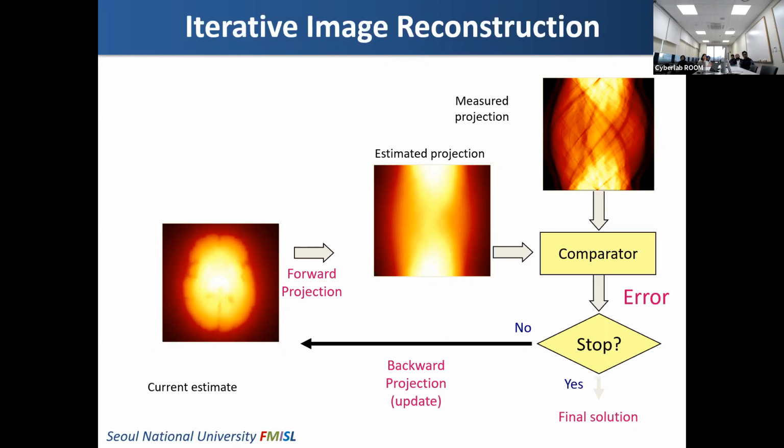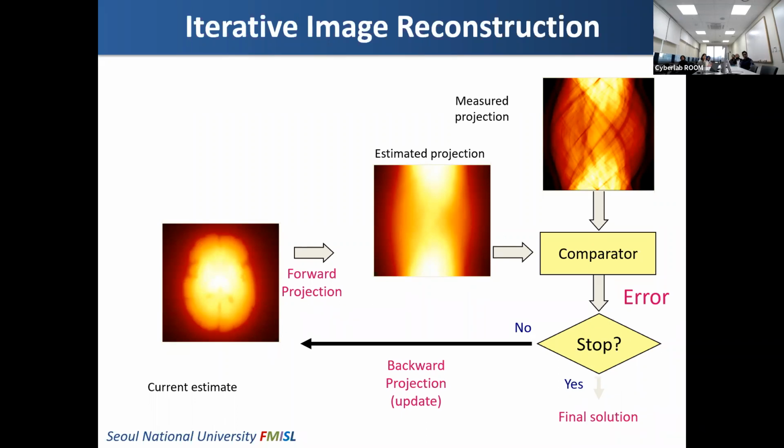Usually at the first iteration, we just assume a very uniform image. And then we apply forward projection, because we can calculate projections by just accumulating activity in each direction. So we can generate this kind of projection data.